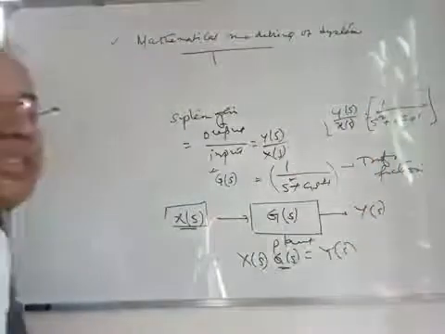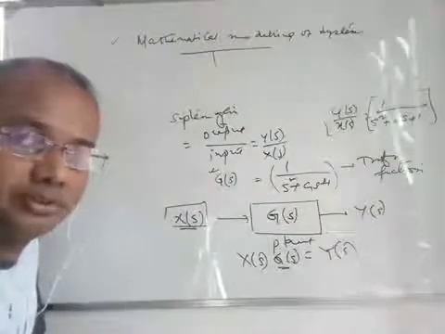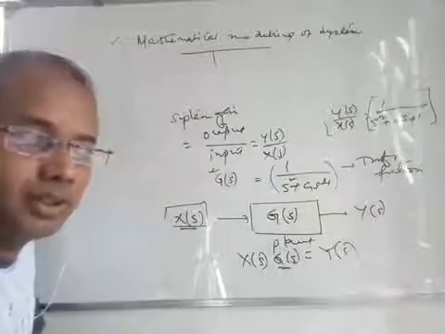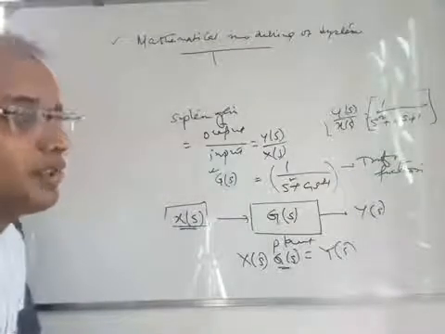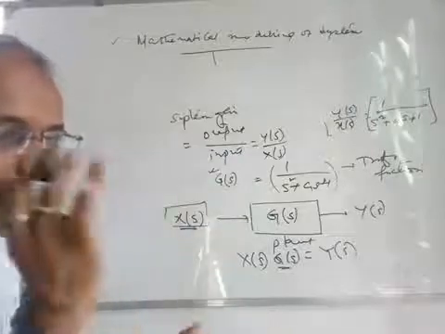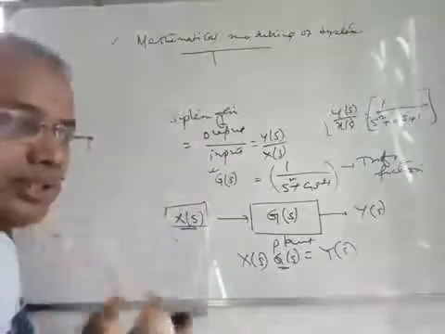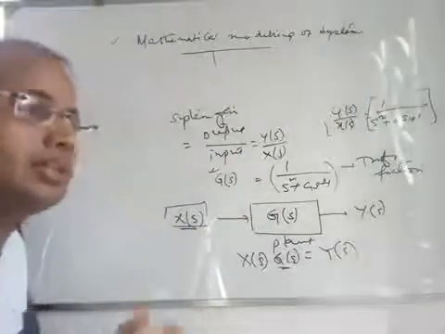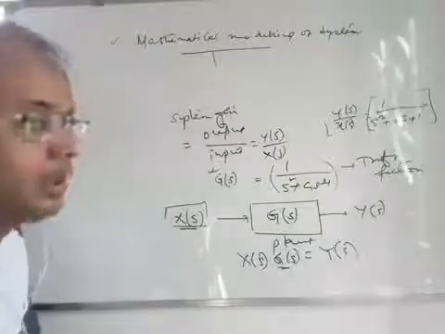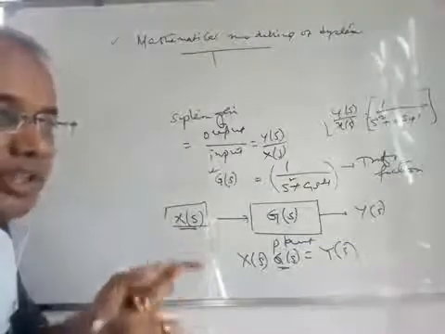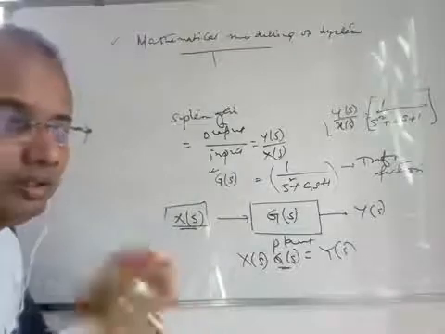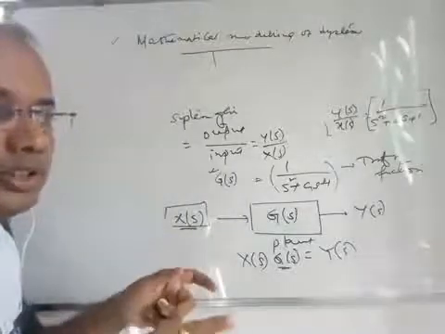So what is the basic definition of the transfer function we learned from here in regard to control systems? Say any system which is described in the continuous domain by some differential equation, and if you take the Laplace transform on both sides, all the variables are transferred into the Laplace domain.